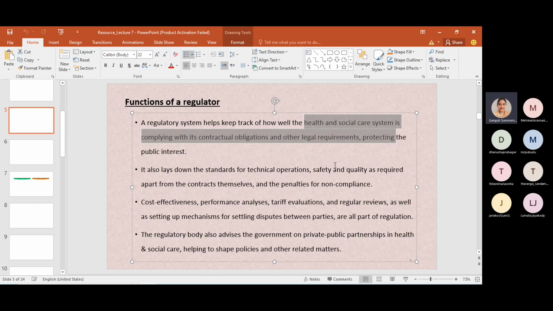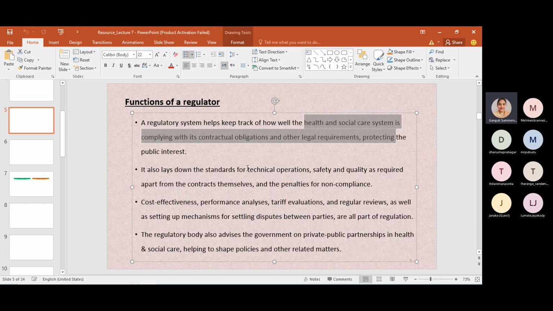So a regulator is someone who checks whether you are complying with the health and social care related legal requirements and standards.